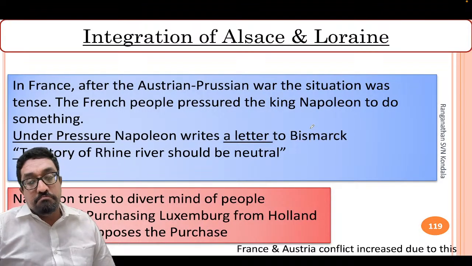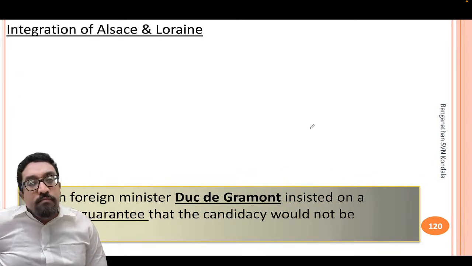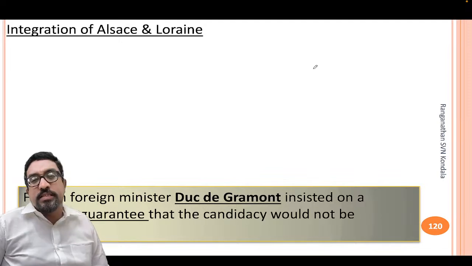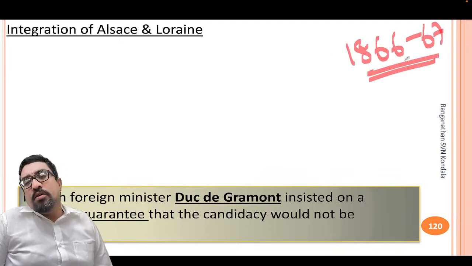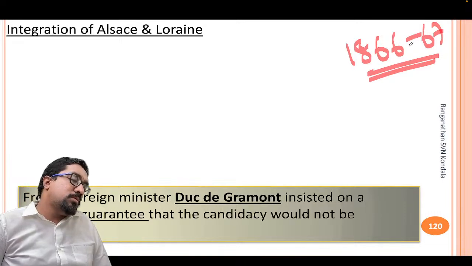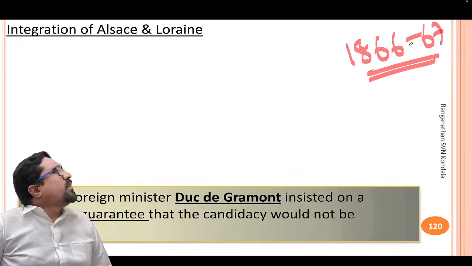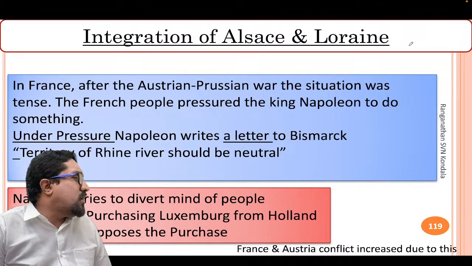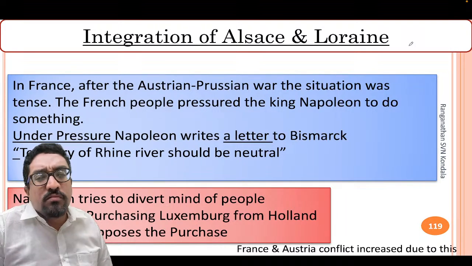In Luxembourg, Luxembourg was for sale. Okay. In 1866-67, Luxembourg को बेचना था. Prussian king tried to buy. France rejected because Prussians were not Catholics, whereas Luxembourg is Catholic. तो इसलिए थोड़ा dispute था.